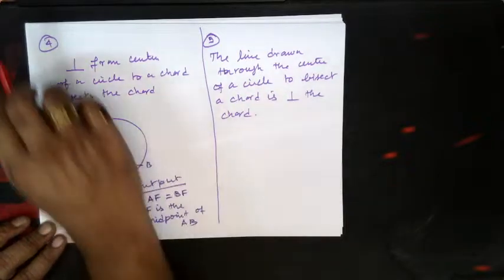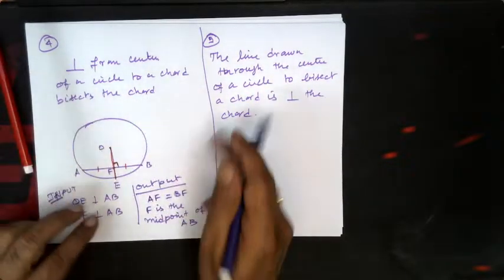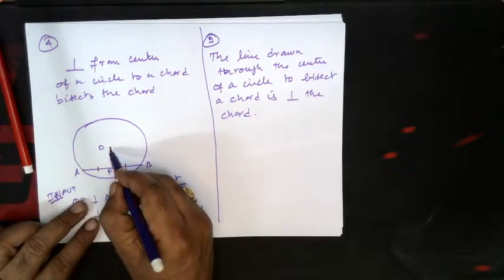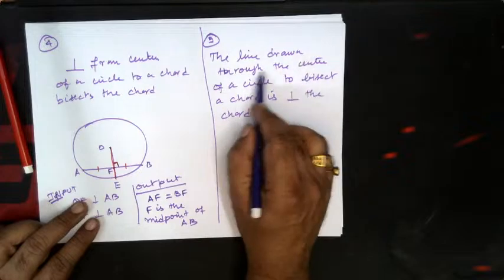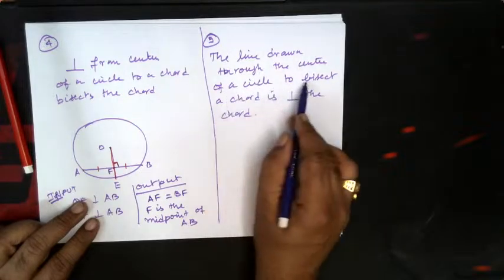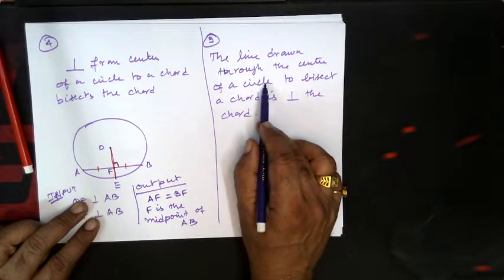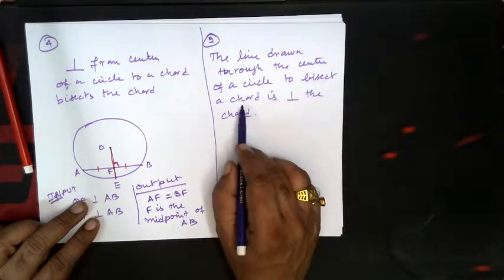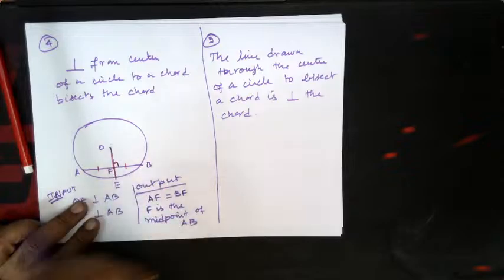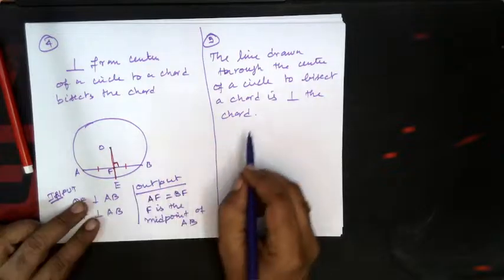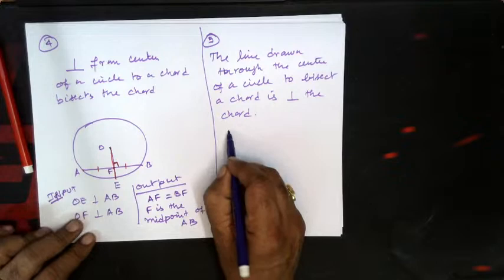So you can draw the same circle. So OE, the line drawn through the circle to bisect the chord. So you have already got AB. It bisects. Okay, so this bisects. So in this case, what is the input?